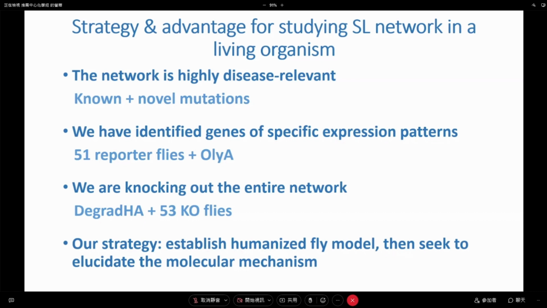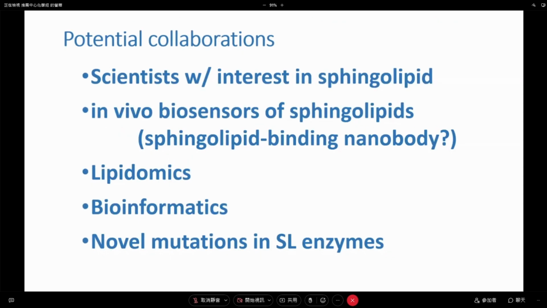We have identified genes with specific expression patterns. Those are reporter flies, and those are lipid markers, and we are knocking out the entire network. Besides the reporter flies, we are also making CRISPR engineered knockout flies. As you know, we do a lot of CRISPR work. And our strategy is to establish humanized fly models and then seek to elucidate the molecular mechanism.